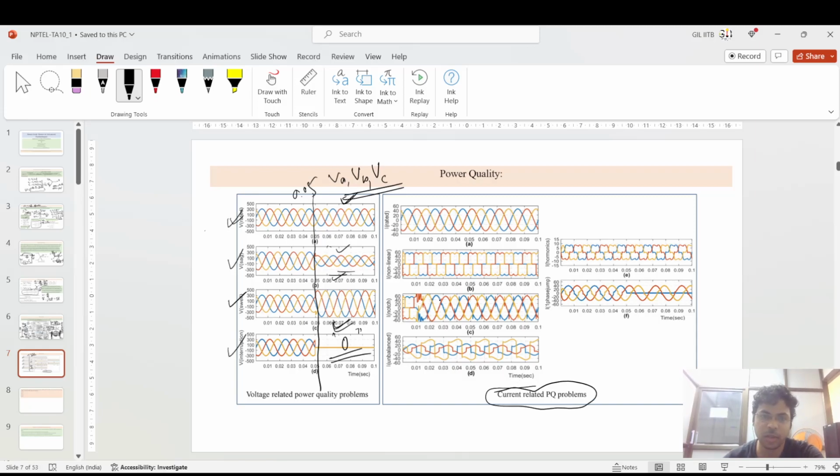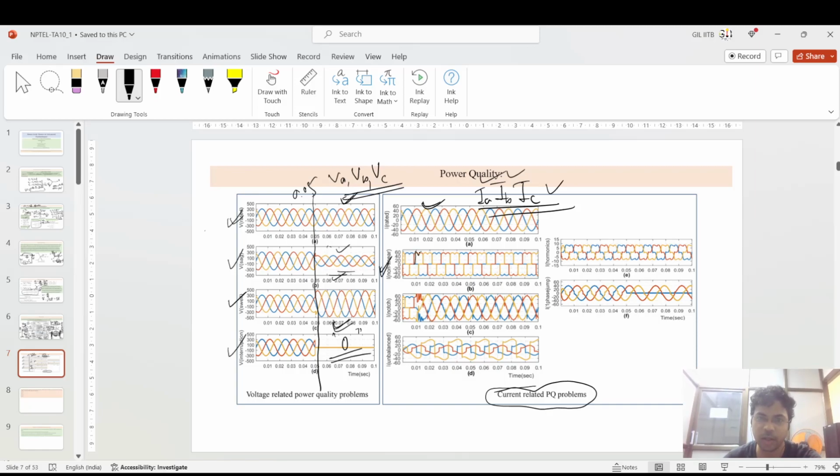Okay, and if you see the current-related power quality issues, this is the rated condition, with currents IA, IB and IC, and these are all symmetrical, which we desire actually. It should be of a particular magnitude and RMS value which we want, and it is 120-degree phase shifted.